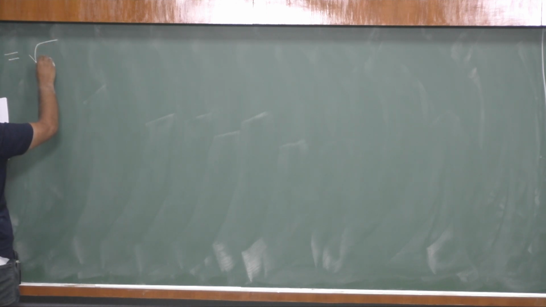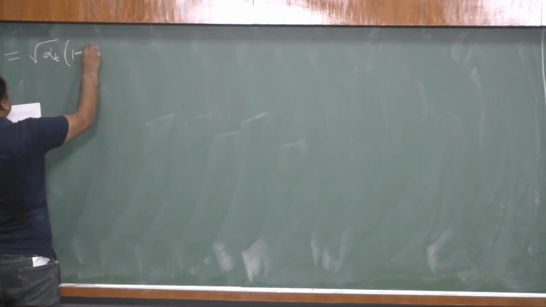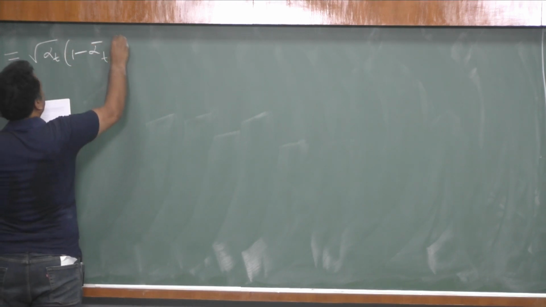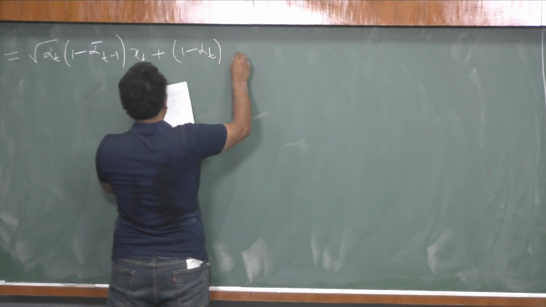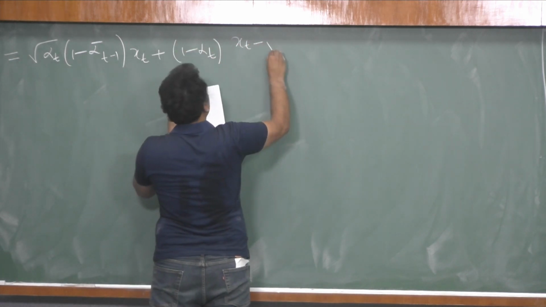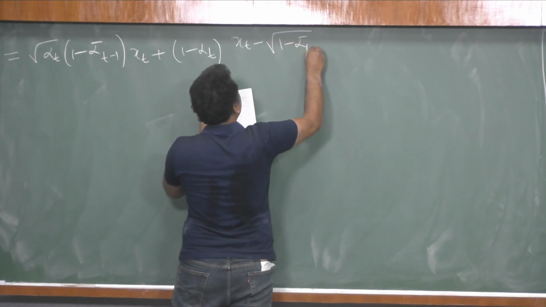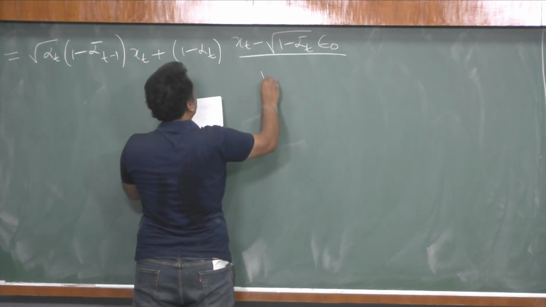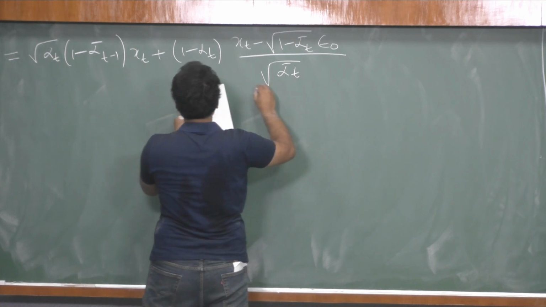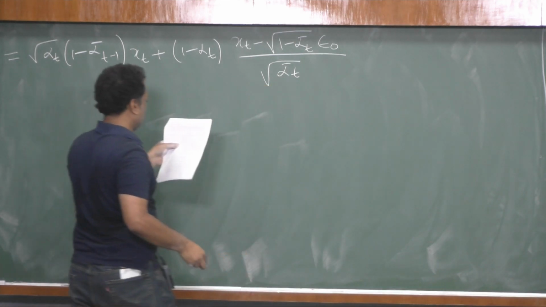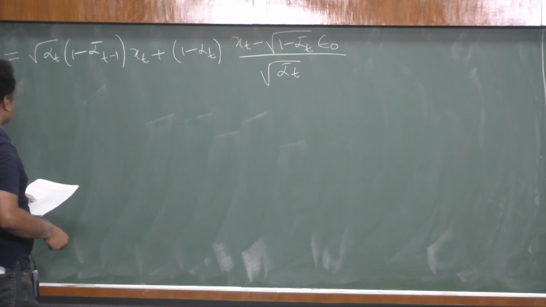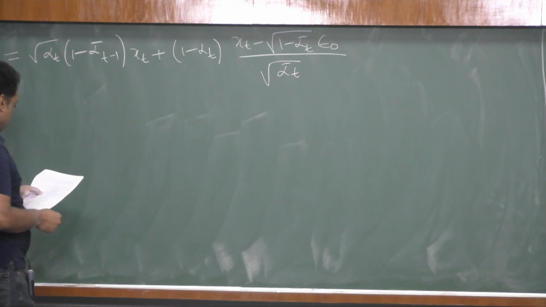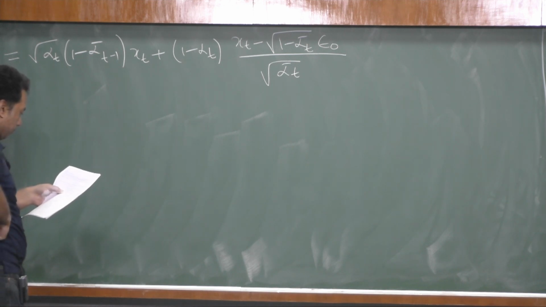So square root of alpha t (1 minus alpha bar t minus 1) xt plus (1 minus alpha t), and then xt minus square root of 1 minus alpha bar t epsilon naught divided by square root of alpha bar t. And then the simplifications I did are xt, 1 minus alpha t, square root of 1 minus alpha bar t epsilon naught, and divided by 1 minus alpha bar t.